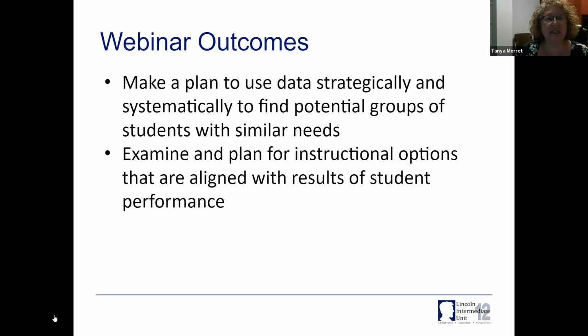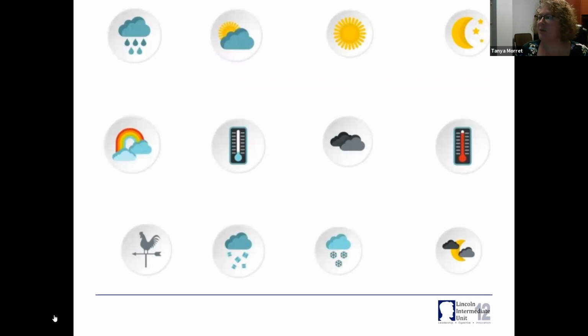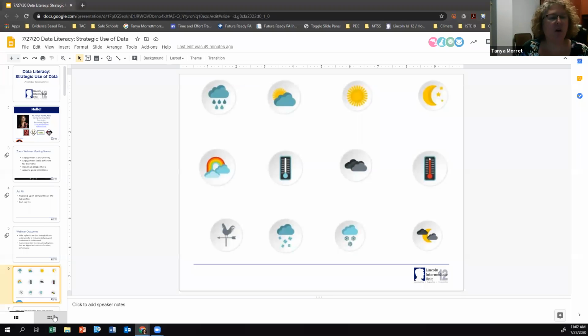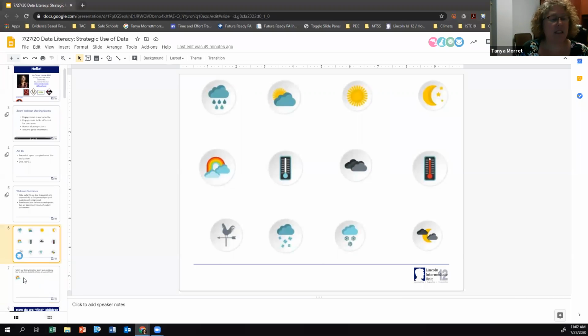Before we jump into that though, I'm curious. I want you to think about where you are right now, your internal weather. What is that weather report right now? As you are trying to think about what you need to do in order to determine students' entering achievement levels, I've given you all editing rights.